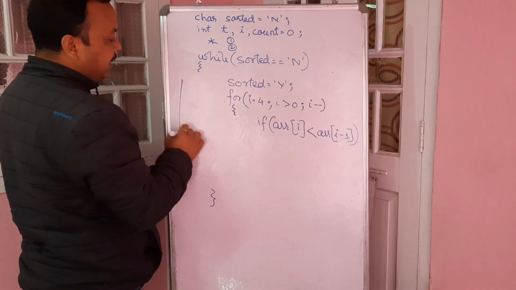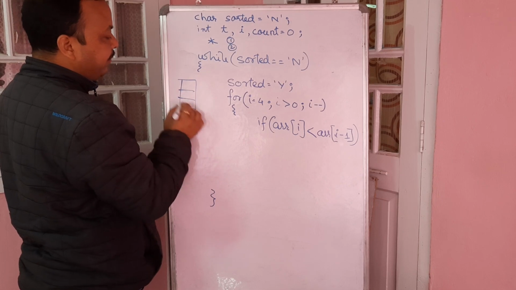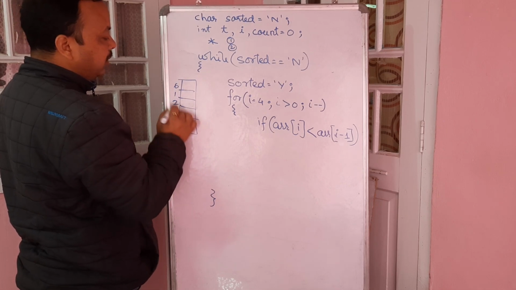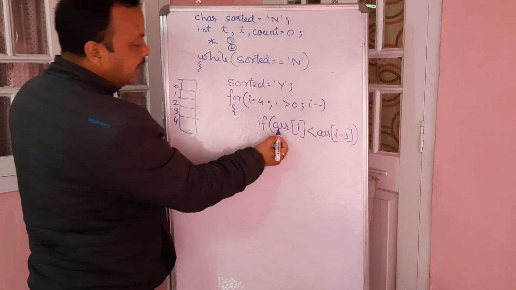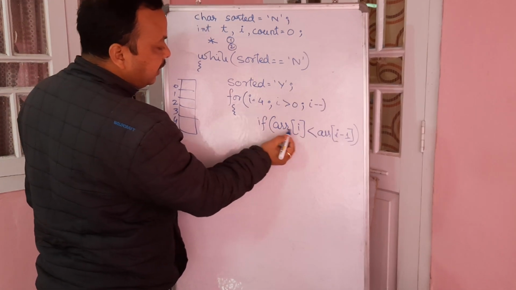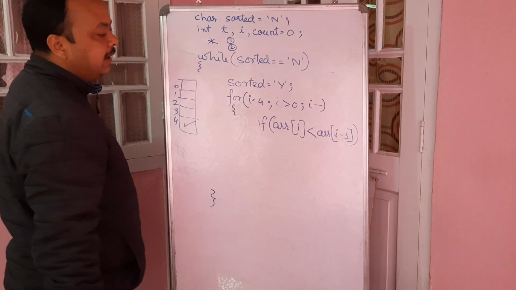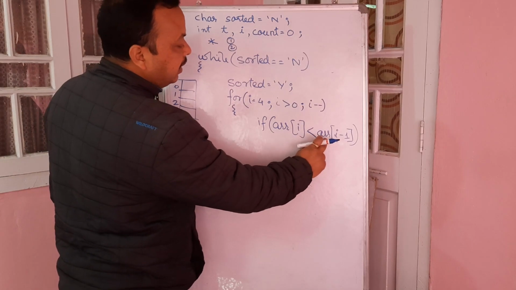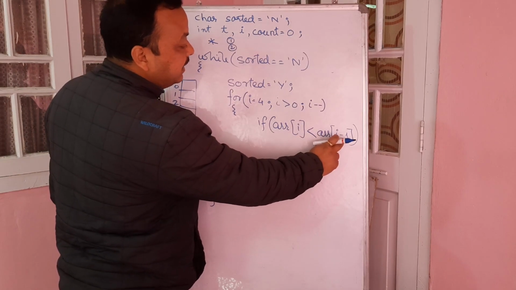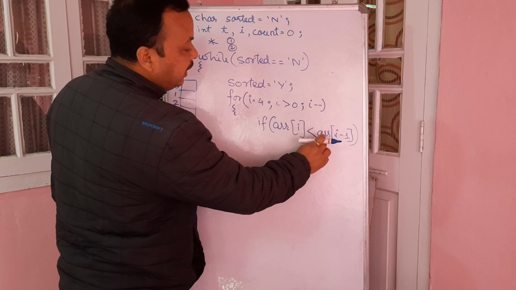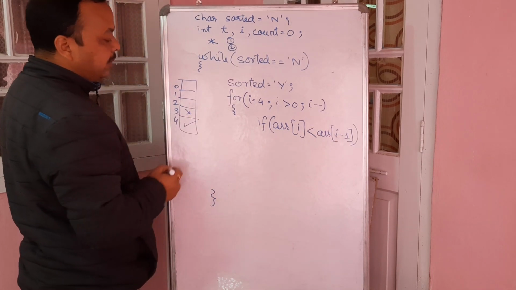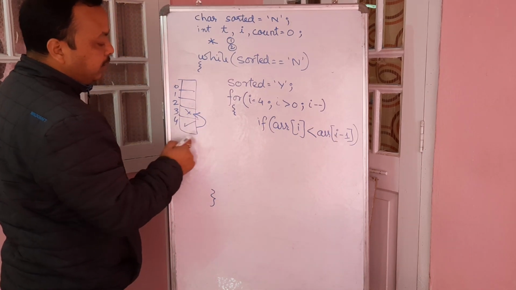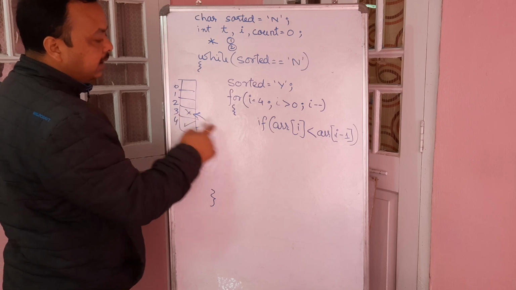That means in the array, whichever is your subscript, 0, 1, 2, 3, 4. So arr[4] means this element. Is it smaller than arr[i-1]? i minus 1 means 3. So arr[3] is this element. So I'm comparing whether the last element is smaller than the second last element.